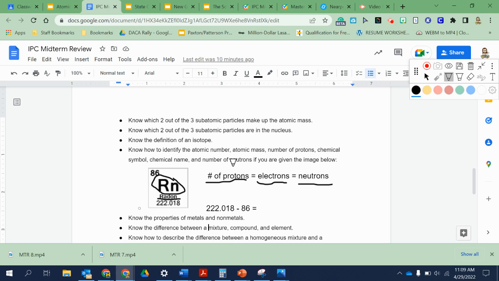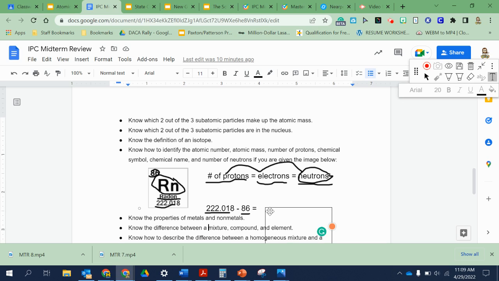So the number of neutrons, this is how you'll calculate it. Remember, don't just assume that you have the same number of protons, electrons, and neutrons, because if you have an isotope, then this will not be the case. So you always want to make sure to calculate atomic mass minus atomic number, right? So atomic mass minus atomic number. And in the case of this right here, this math problem works out to, let me go ahead and punch it in right here.